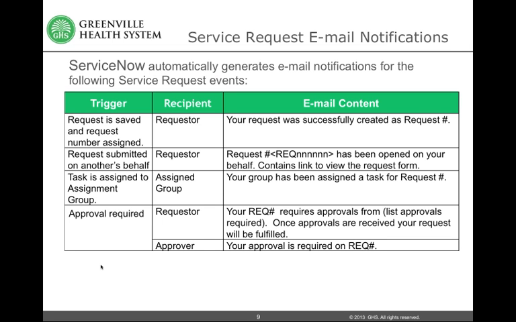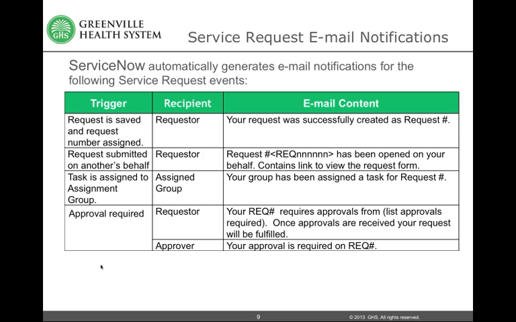Some of the email notifications: there's a whole series of notifications here that I'm not going to read through to you in detail. You will have access to these slides, so you will be able to see the details as needed. Whenever a request is created, notifications get sent to the requester. If something's been submitted on their behalf, a notification will get sent.